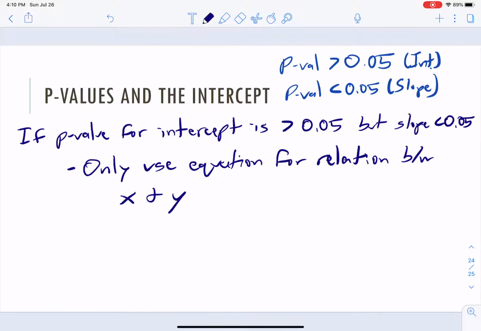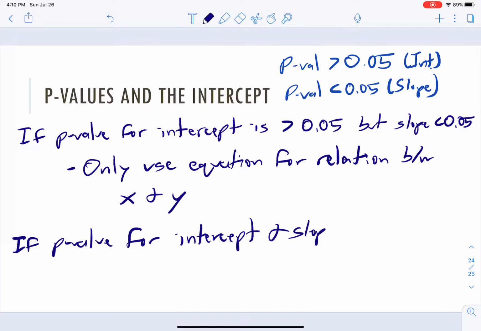And then if we slightly change it, if the p-value for the intercept and the slope are less than 0.05, what can we do?